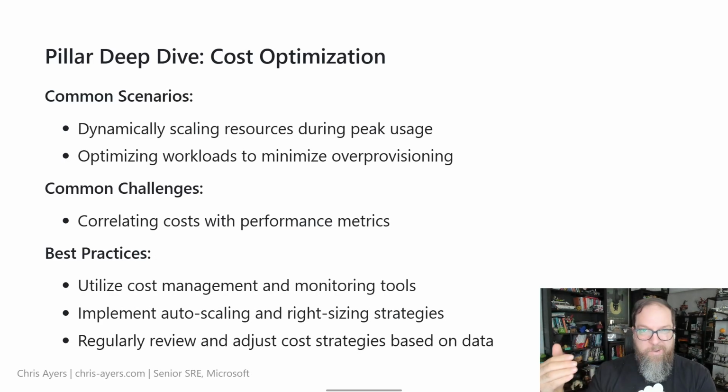And if you add a second one and it's usually the exact same size, your costs go up very, very quickly because you're just doubling the size of your thing. But if you have a lot of smaller, more granular workload units, you can scale them more independently and have a little bit more fine-grained control. Understand why you're scaling, like trying to correlate your costs with the performance metrics.